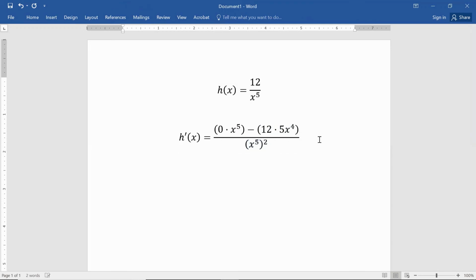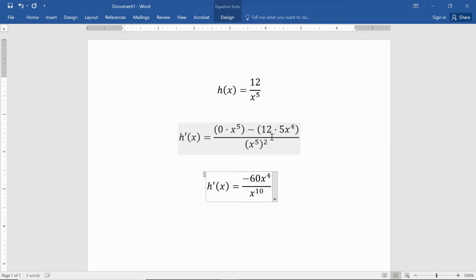Let's algebraically manipulate this to make it look a little bit nicer. So notice 0 times anything becomes 0. 12 times 5 is 60. So we're getting a negative 60x to the 4th on the top divided by x to the 10th on the bottom.